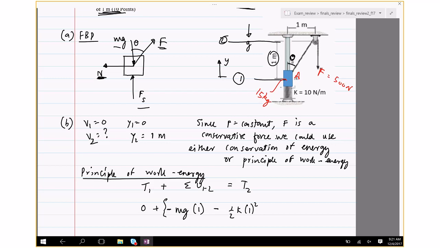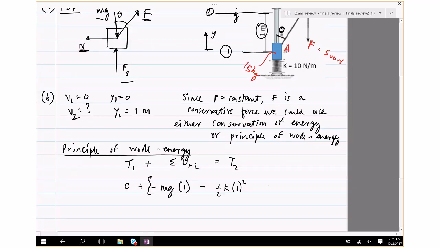When the force is not 90 degrees, like what's the work done by capital F? The displacement is vertical, but F is at an angle, and it still does work because work done depends on the angle between them. So the last part is the work done due to force F: F cosine theta times the displacement.